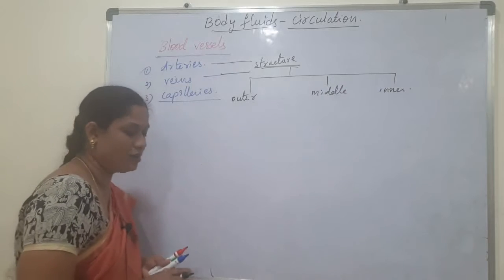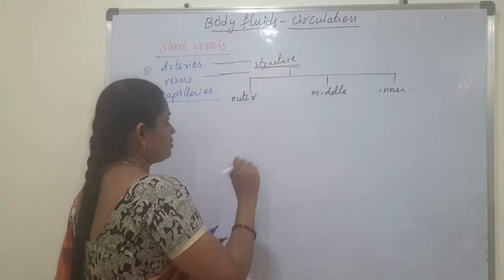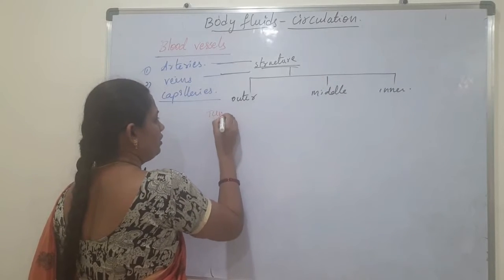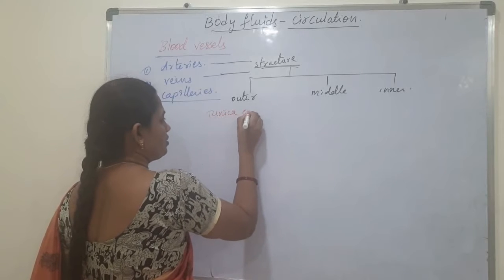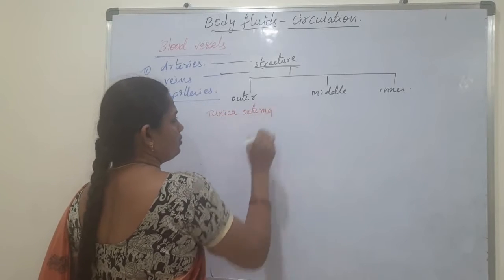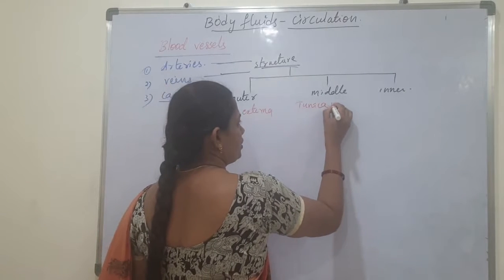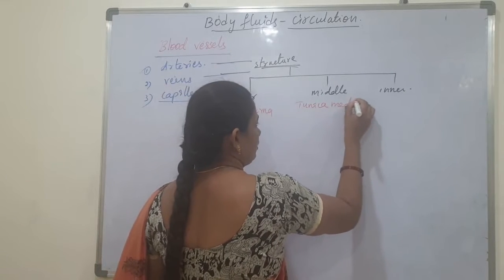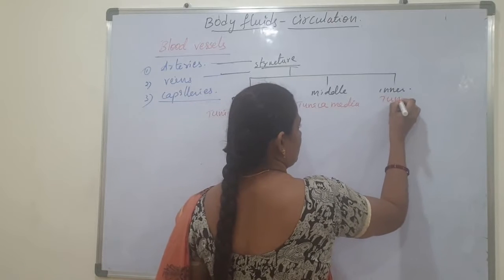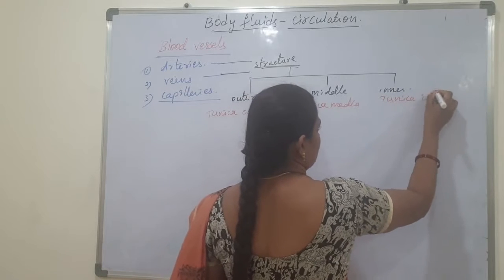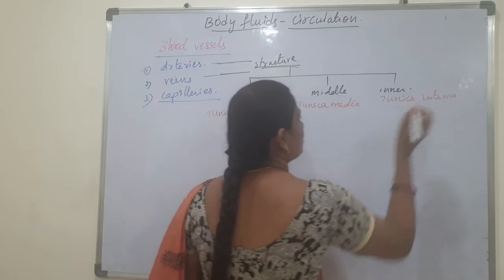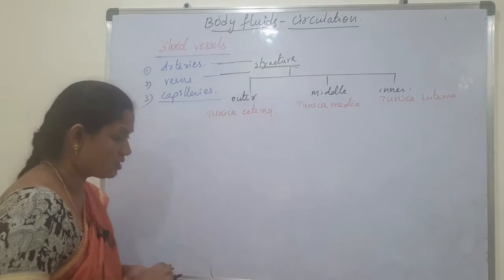The outer layer is also called tunica externa. The middle layer is called tunica media. The inner layer is called tunica interna. These three layers are present.